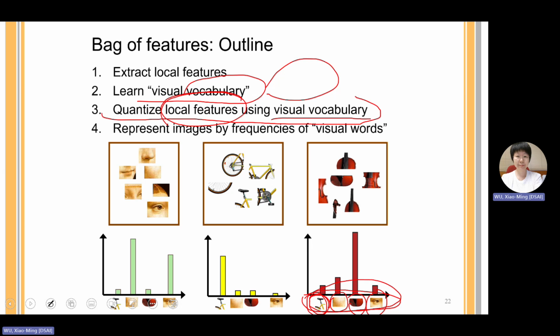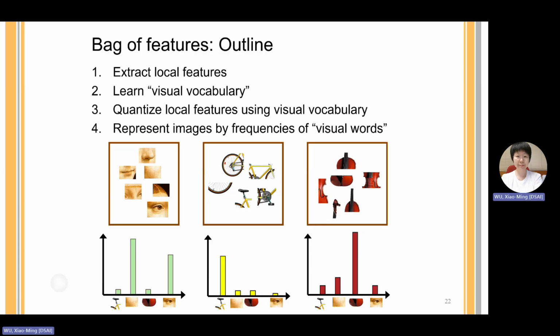What does it mean? Given the visual vocabulary, we assign the image patches extracted from this image. For example, we extract six patches from this image.